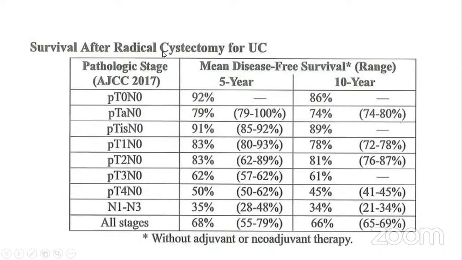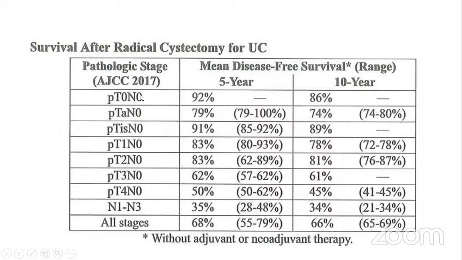This is survival after radical cystectomy for urothelial carcinoma. This is the pathological stage, and this is the mean disease-free survival between 5 years and 10 years.